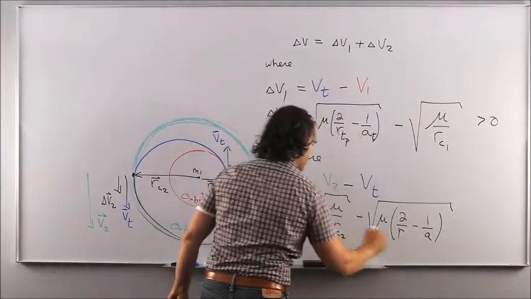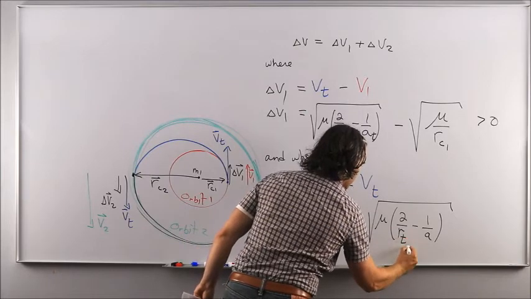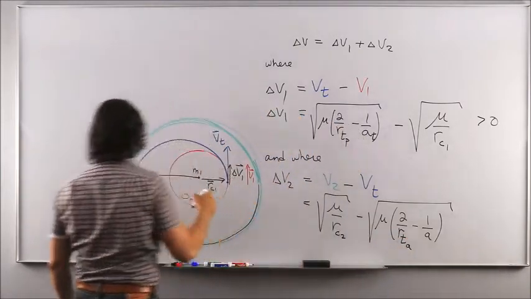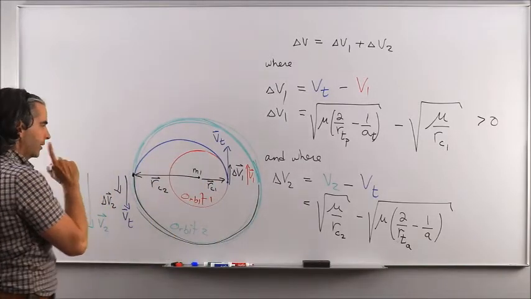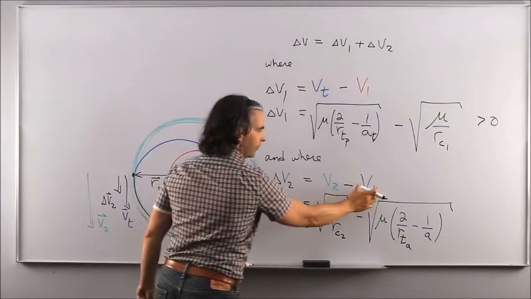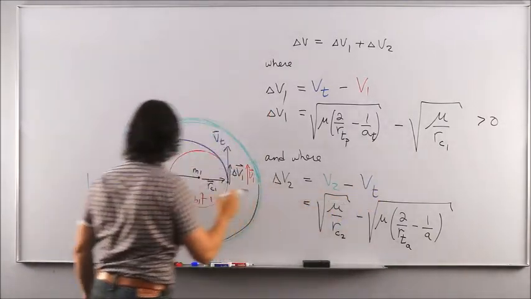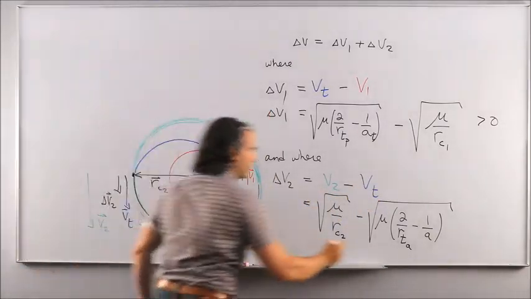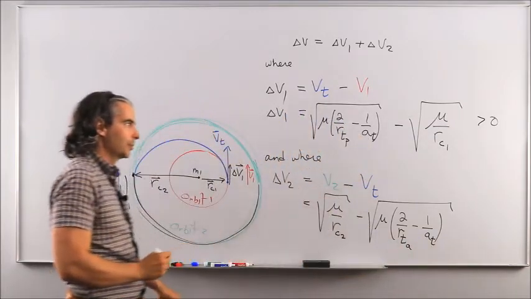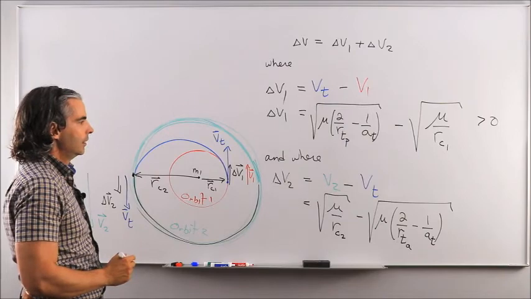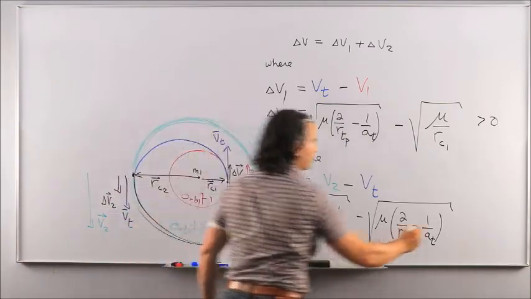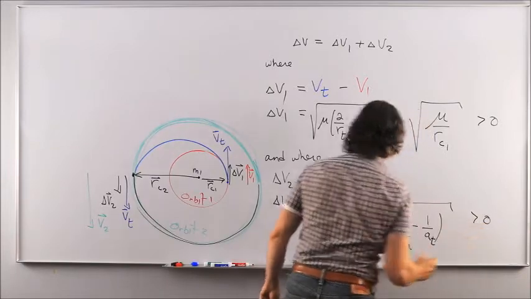So this is radius along the transfer orbit at its apogee, RTA, minus 1 over a. Wait, which orbit is that? Okay, let's go back. VT, transfer orbit, and therefore I need to use the semi-major axis of this transfer orbit, so A subscript T. And that will give you delta V2, which will be a positive number.